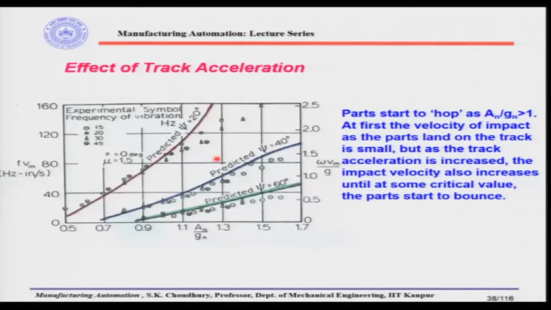The second one which we discussed is the effect of track acceleration. We said that beyond an n by gn value of some 1.7 or 2, the impact velocity becomes very high, and the conveying velocity therefore does not increase as much as it does for n by gn less than 1.7 or 2.